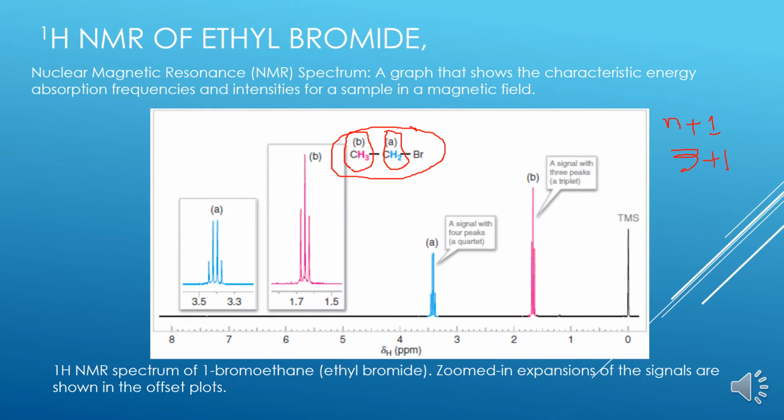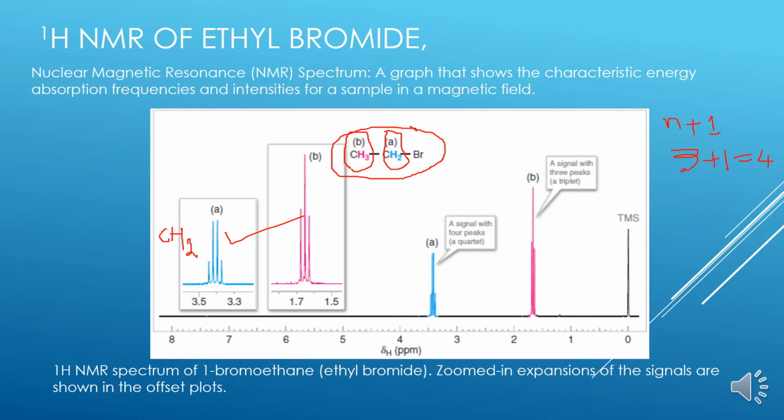So methylene protons split into a 4 peak pattern, observed in the region of 3.3 to 3.5 ppm. This is a quartet. This peak is for the methylene CH2 protons.